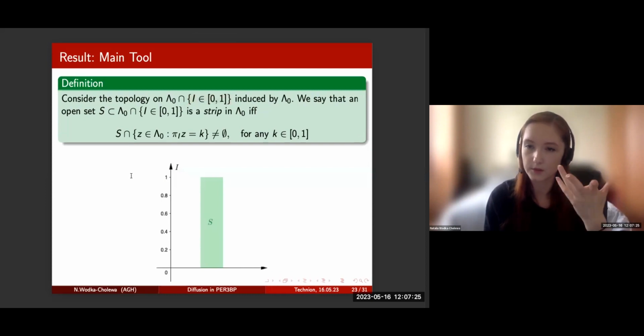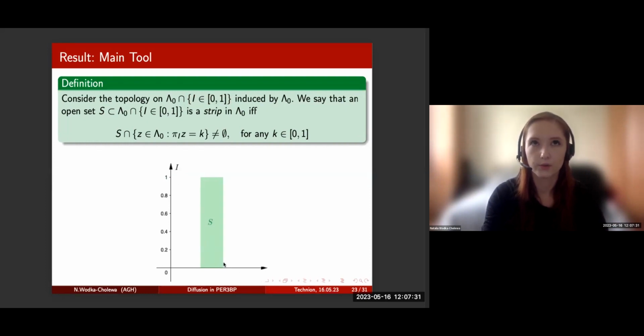Maybe this will be for us. The other coordinates are here and I is here. So you fulfill every value of I. Okay, so this strip looks like this. So you have something like this. And the picture says probably more than the definition.